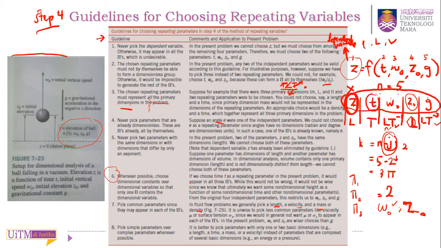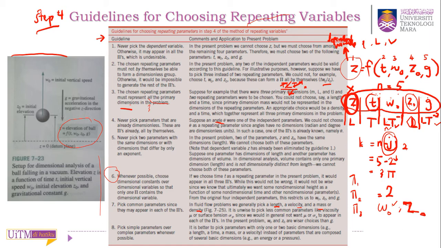It is not wrong, okay. If you choose T, maybe you want to choose T, but it will give you a result that is not as straightforward compared to choosing Z0, which has the L. So that is how we use this guideline in step 4 to choose our repeating variables.